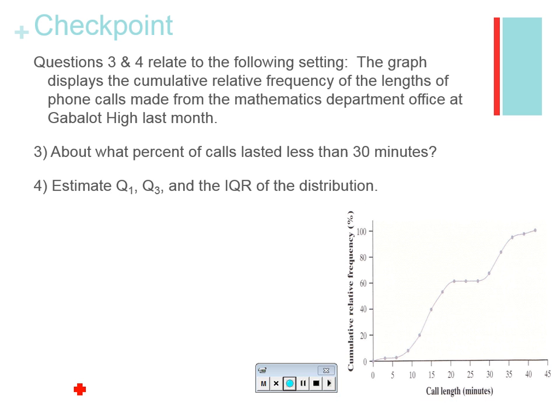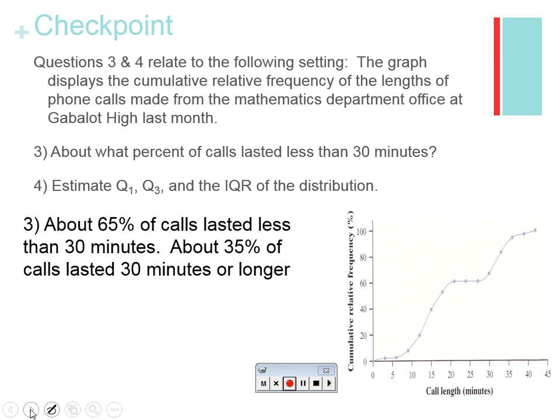So if you take your graph here and we go to the 30-minute mark on the x-axis, and I draw a line going straight up to here, and then draw a line straight across to know what percentage that would be. If my line was a little bit better, you would see that it's about 65% of the calls that lasted less than 30 minutes, which on the flip side would mean about 35% lasted longer than that.